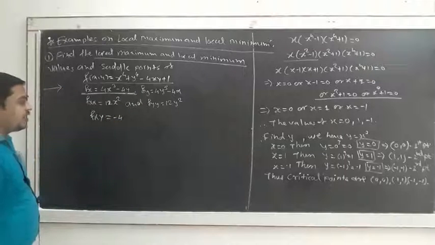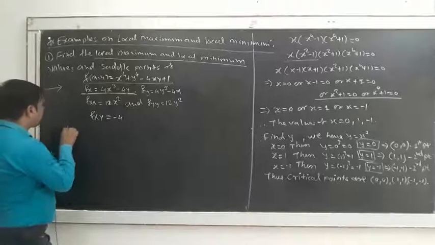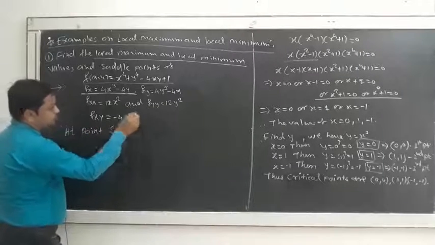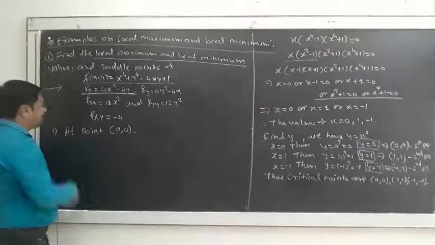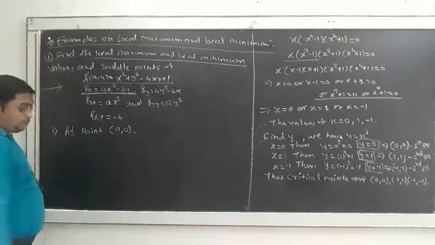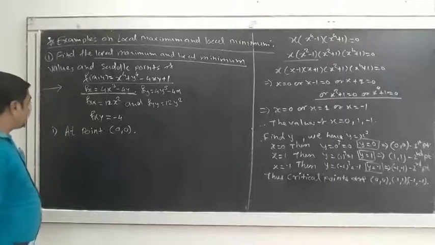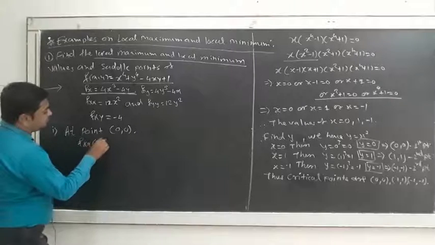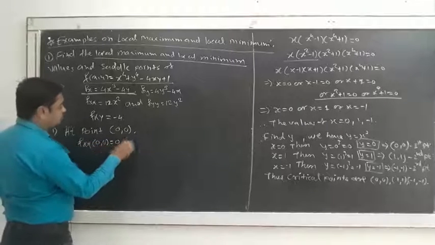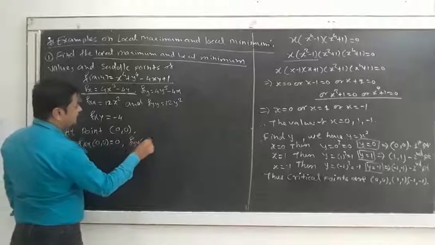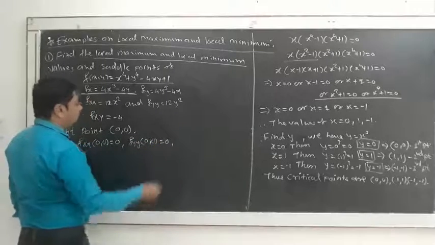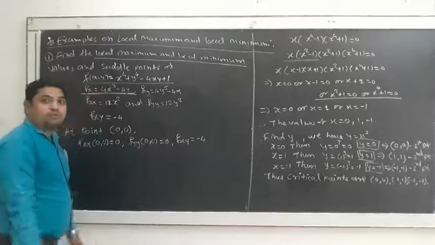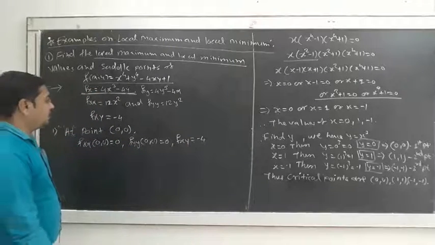Now you have to check at each point. So we take the first point, 0, 0. Now you have to find fxx at 0, 0, which is 0. fyy at 0, 0 is 0, and fxy is equal to minus 4 at point 0, 0.